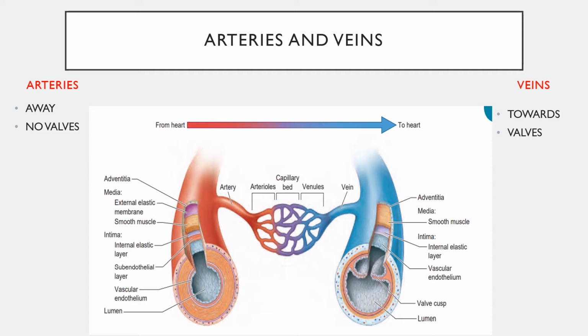Now, the larger arteries have an extra layer outside the tunica media, and this layer is elastic, so it is called the elastic lamina.